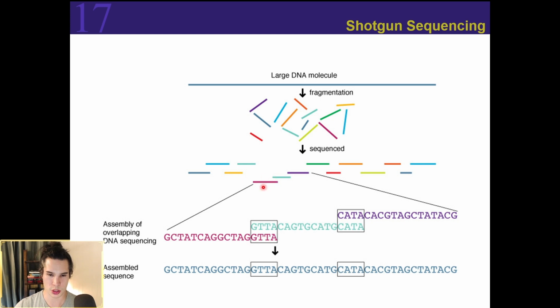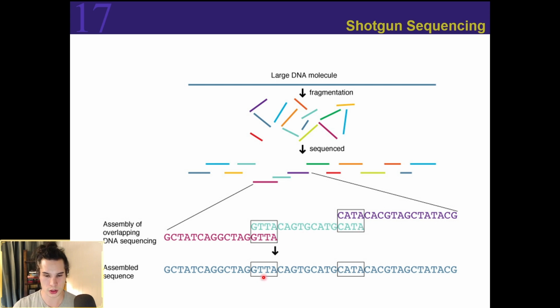So we could take this magenta one, it starts with GCT and ends with GTTA. Well, let's say you find another piece that starts off with GTTA. Well, you would know that from the GTTA up until the CATA would be another fragment.